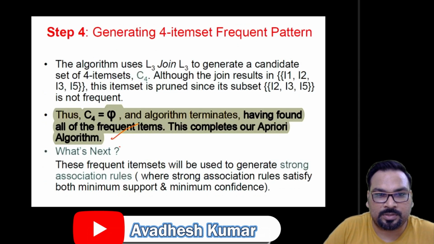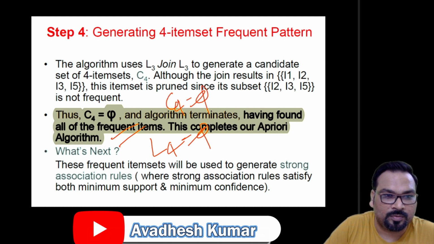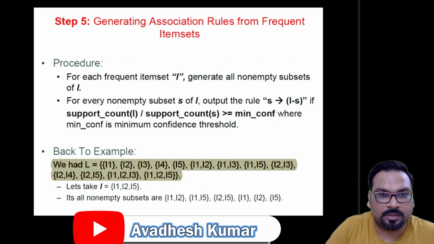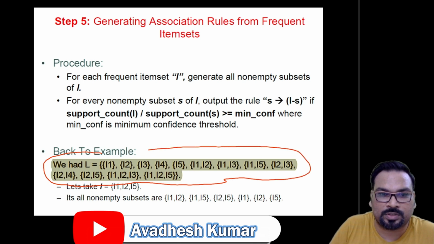So after that we will get into this. Here we have seen L4 becomes null. In fact C4 also was null. Now this is the final step where we have the list of those items.